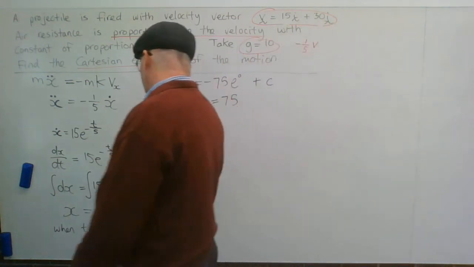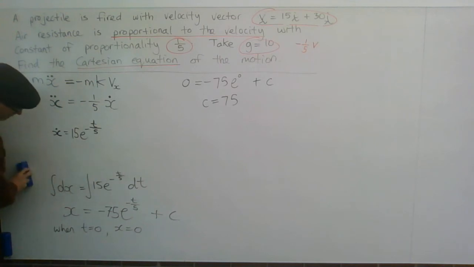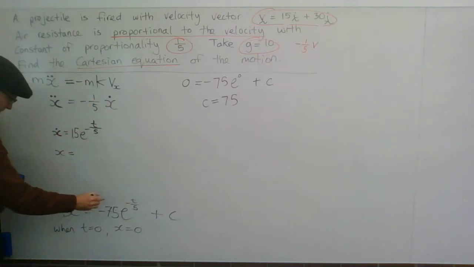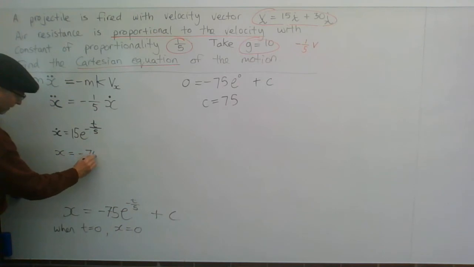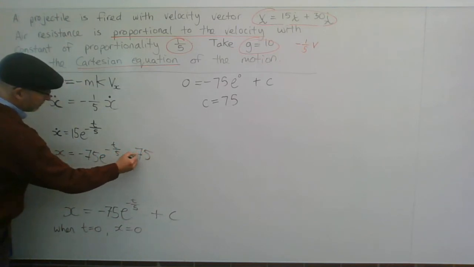So I can pop that in back down here. I can say that x is equal to minus 75 e to the minus t on 5 plus 75.